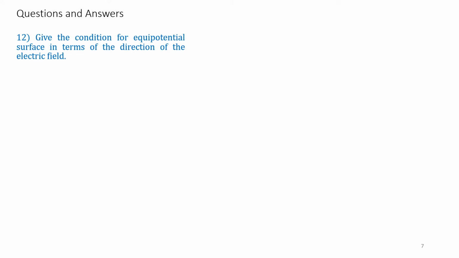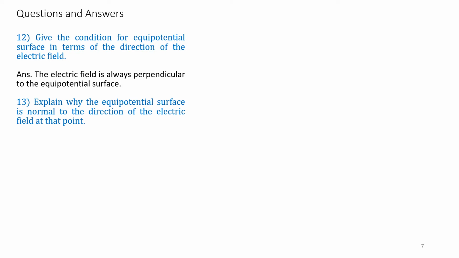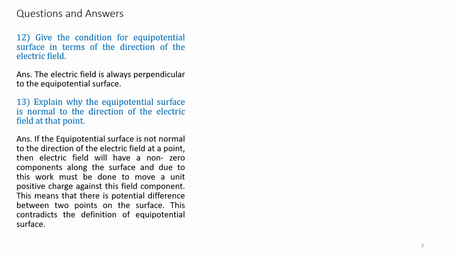Give the condition for equipotential surface in terms of direction of field. The electric field is always perpendicular to the equipotential surface. Explain why the equipotential surface is normal to the direction of electric field at that point. If the equipotential surface is not normal to the direction of the electric field at that point, the electric field will have a non-zero component along the surface.